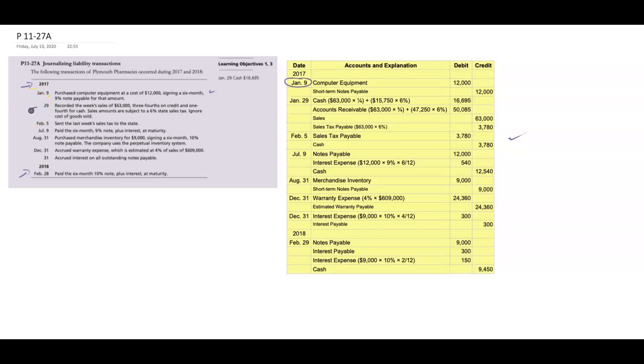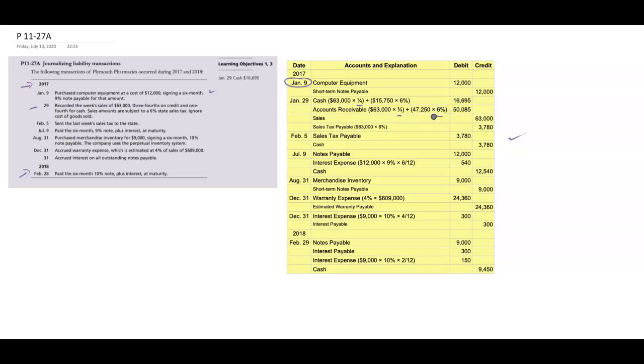On the 29th, you've got sales of 62,000. 3/4 of these sales are on account, meaning receivables, because you're the one giving credit to your customers, and then 1/4 of these sales are in cash. Now, related to those is the amount of sales tax you're going to be charging.